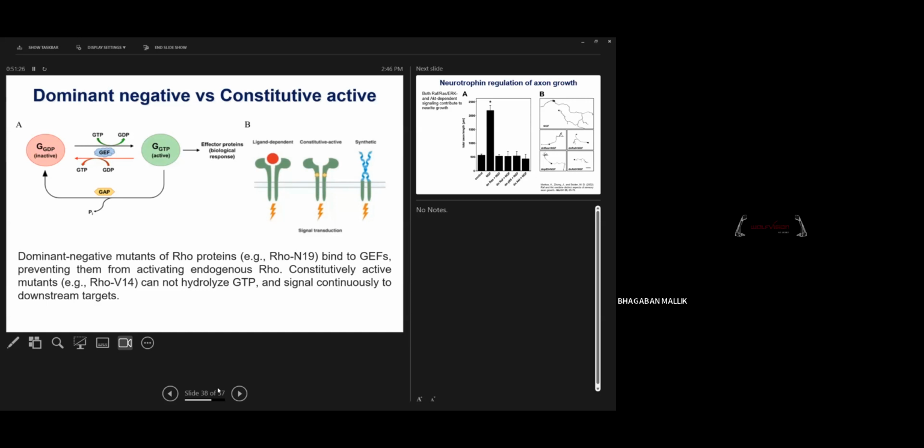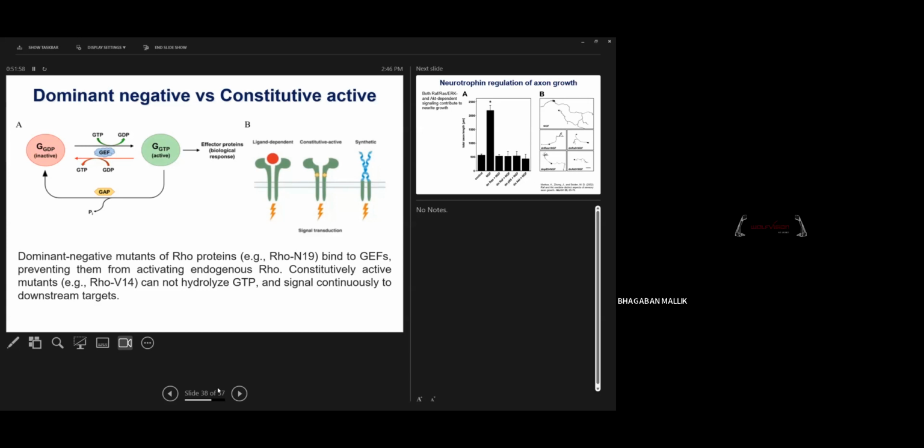However, in the constitutively active forms, like the Rho V14 mutant, it cannot hydrolyze GTP, so it will always be in the activated form. That means it will always give signaling. So the constitutive form always initiates signaling. When you express the dominant negative form, you will have the GDP-bound form, which will remain inactive in the system, so you will not have downstream signaling.